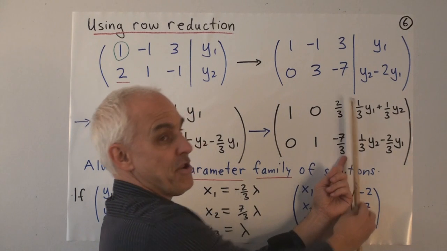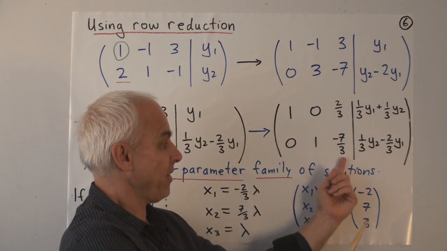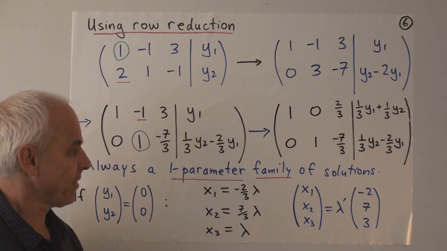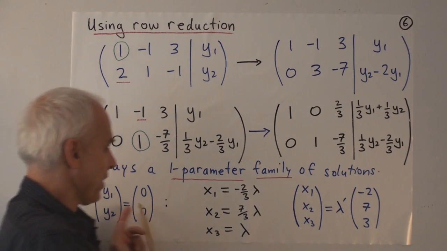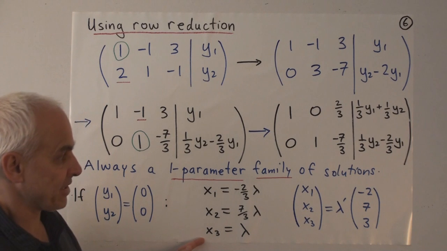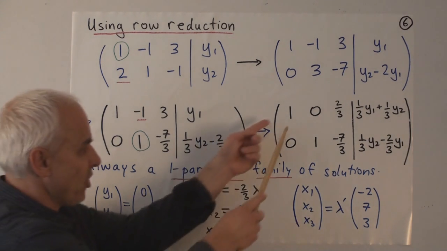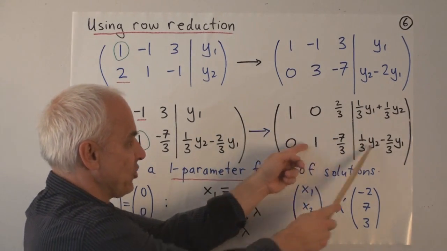There's also a non-leading column, that one right there. That non-leading column corresponds to a parameter. So the third variable, x3, we'll set that equal to a parameter lambda. And then we can solve for x1 and for x2.